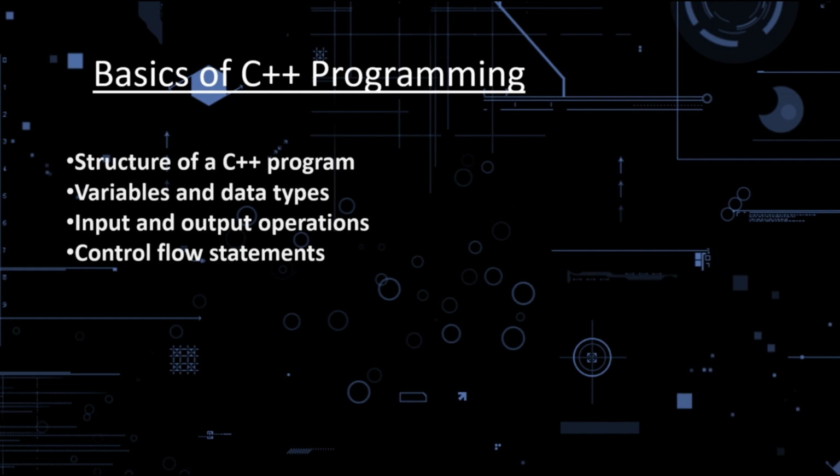Now, another feature of C++ is that it is a compiled language, which means that the source code is translated into machine code by a compiler before it can be executed. These compilation steps catch errors before running the program.